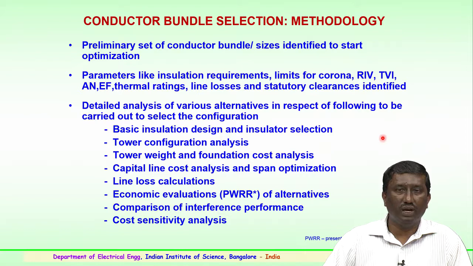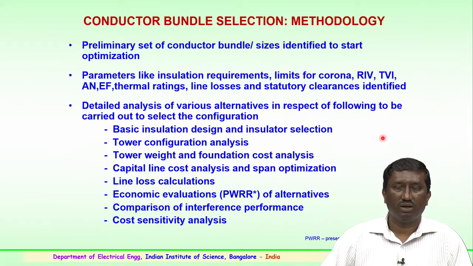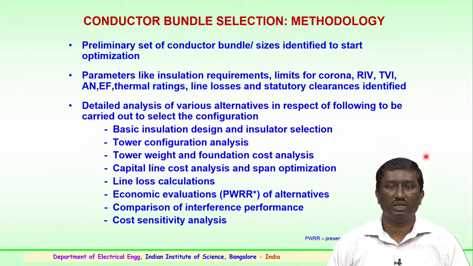The tower weight and the foundation cost analysis have to be kept in mind during the estimation of the conductor bundle selection, and important are the capital line cost analysis and the span optimization of the conductors from tower to tower, the span which is being planned. Then line loss calculations, which again depend on the voltage level where the conductors are operated.